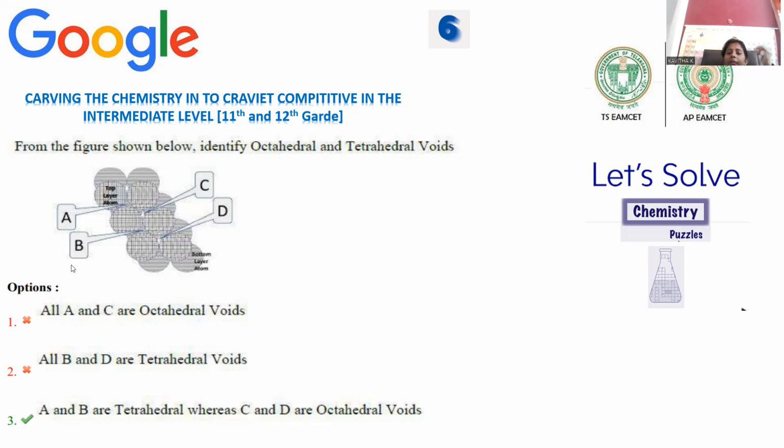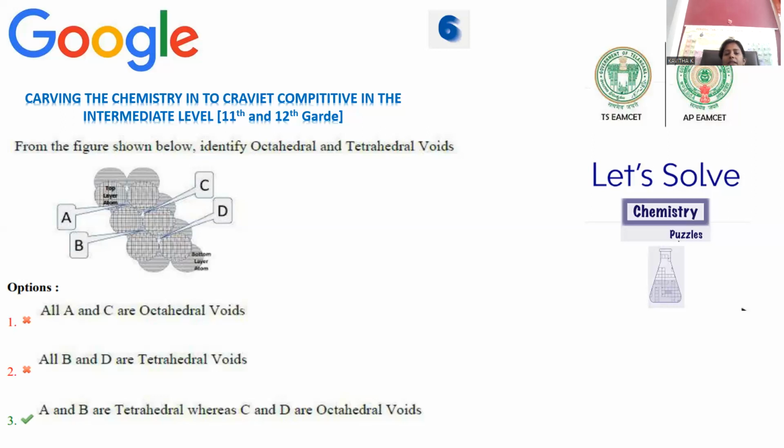A and B are tetrahedral voids because in A and B, here only two lobes, backside two lobes, and here also two lobes, backside two lobes. But in the case of C and D, you can see three lobes connected like this. So A, B are clearly for tetrahedral voids, and C and D are clearly indicated for octahedral voids.